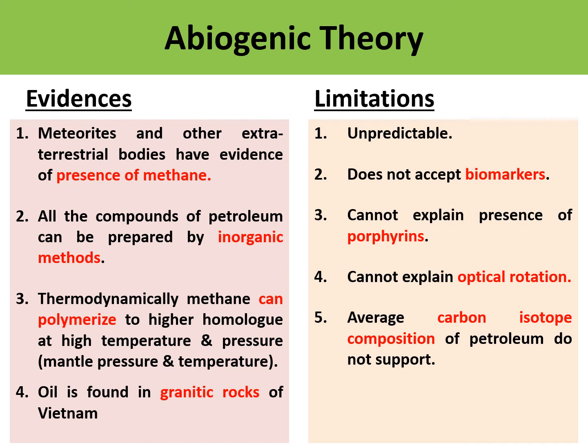And lastly, this theory does not support the presence of average compositions of carbon isotopes in petroleum. Isotope refers to compounds that have the same atomic number but different mass number. For example, carbon has carbon 12, carbon 13 and carbon 14.